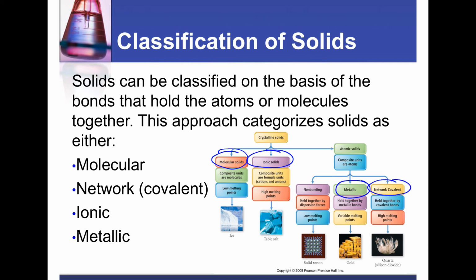And then there are these other ones, non-bonding solids. Those are really uncommon. Those are basically gases that don't want to react with anything, but we've gotten them so cold that they've made a solid. Those are really the least common types that we would ever see. So we're going to concentrate on these 4 that are a lot more common.